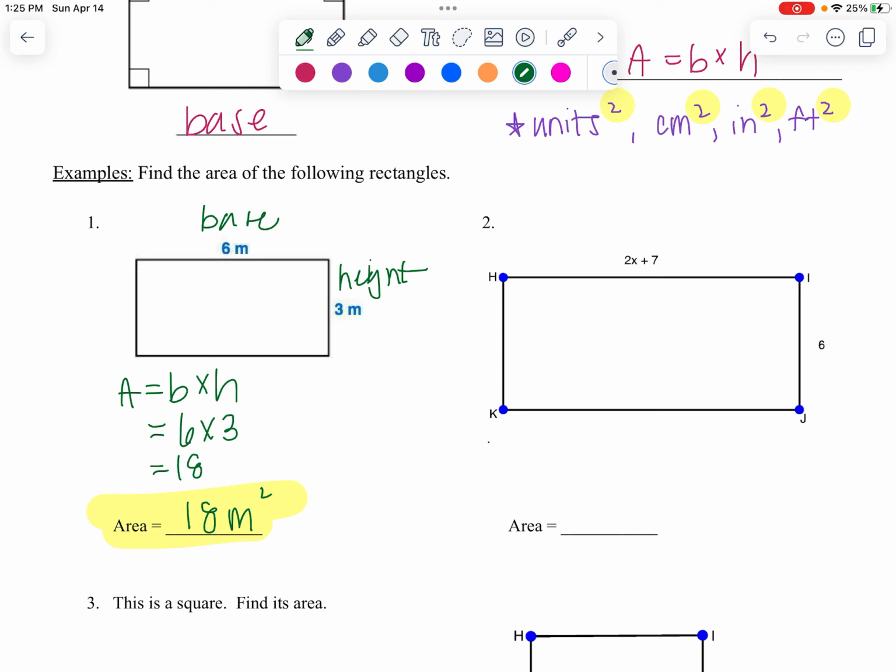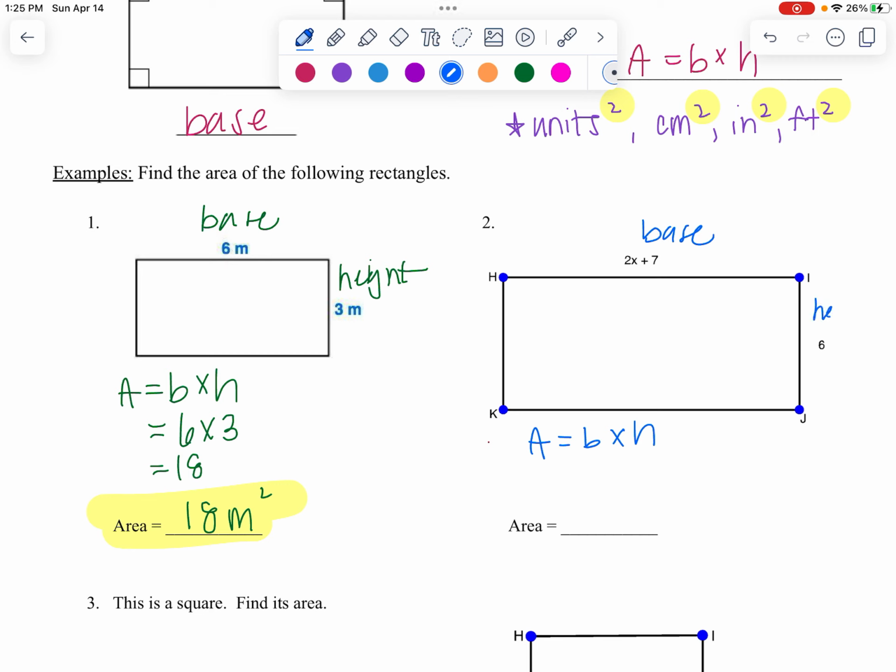Number 2 is the same exact thing. The only difference that we see is that we're dealing with an expression, the 2x plus 7. Nowhere in example 2 does it tell us what x is, so we are just going to leave it as 2x plus 7. Same exact thing, I'm going to say A is equal to the base times the height. My base is the 2x plus 7.